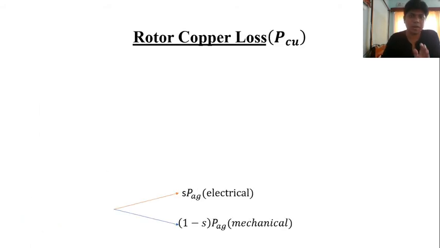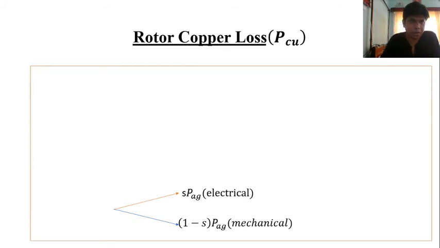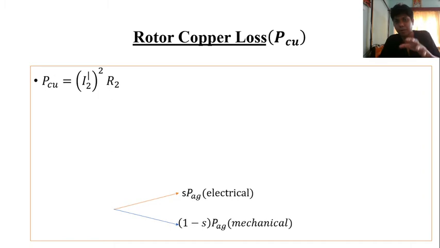And whatever the power is dissipated and lost across the rotor resistance R2, that type of power loss is called the rotor copper loss.